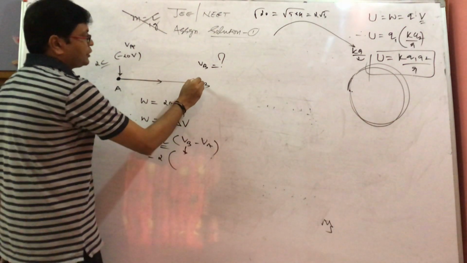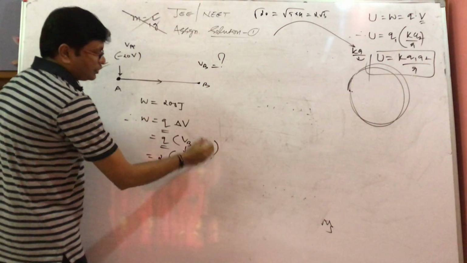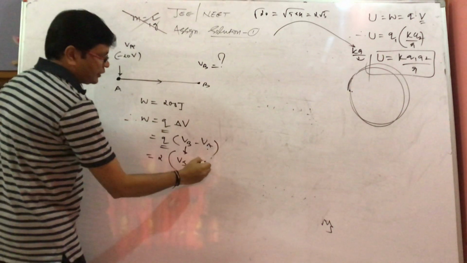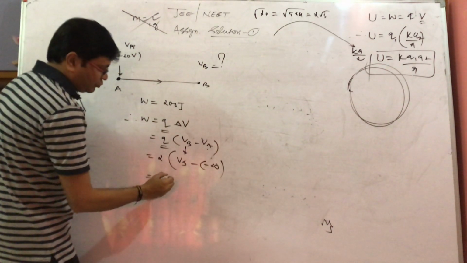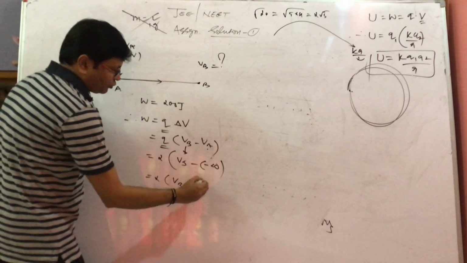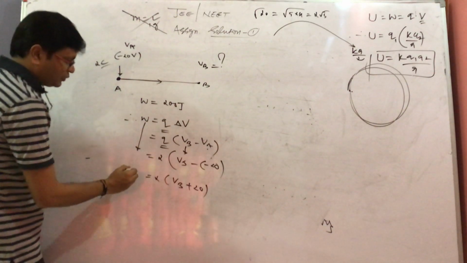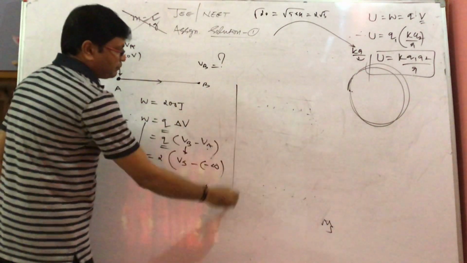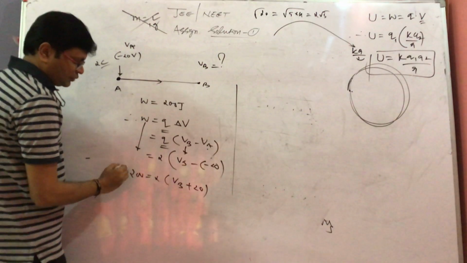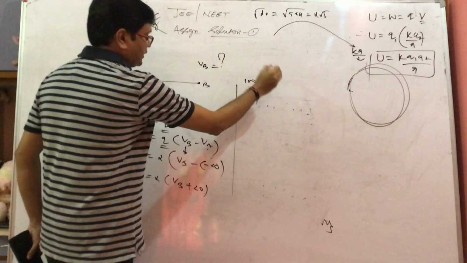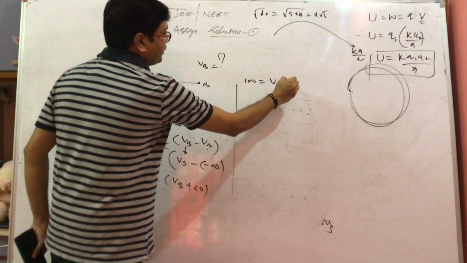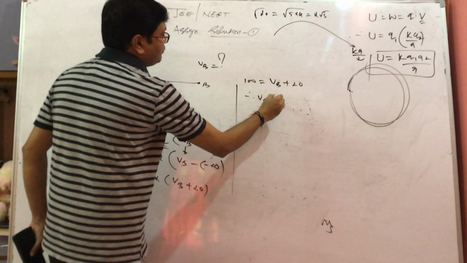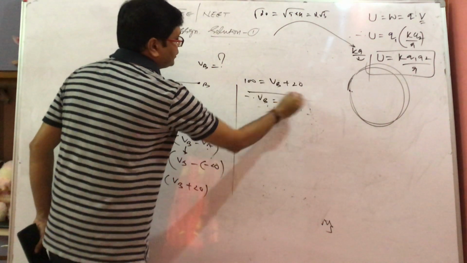VB, what is the potential at this point B? No idea. What is the potential at point A? Minus 20. So 2 into VB plus 20, but W is already given, 200. If you simplify, 200 divided by 2, the answer is 100. 100 is equal to VB plus 20. So obviously VB is equal to 80 volt.